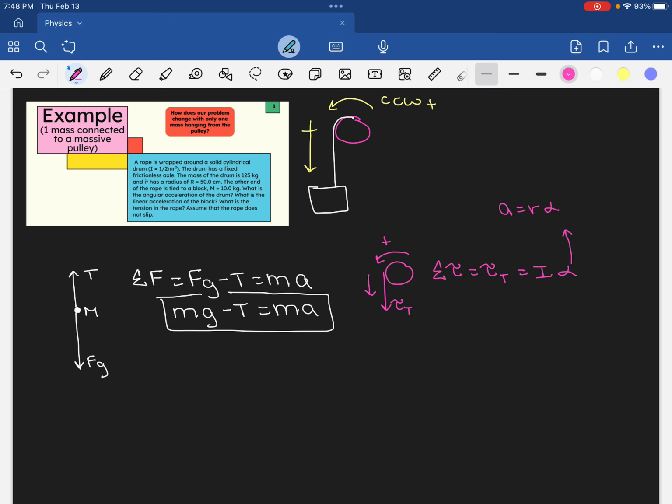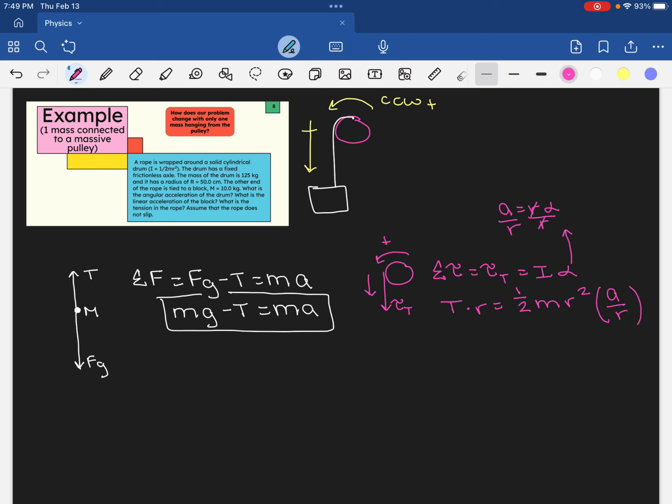So if we're plugging in something for alpha, we divide both sides by R, and for alpha we plug in a over R. What that looks like is we have our force, and actually, let's not call it the force due to tension. Let's just call it what it is, the tension, a capital T. That's times the radius, and it is equal to 1/2 m r squared. Then we plug in a over R.